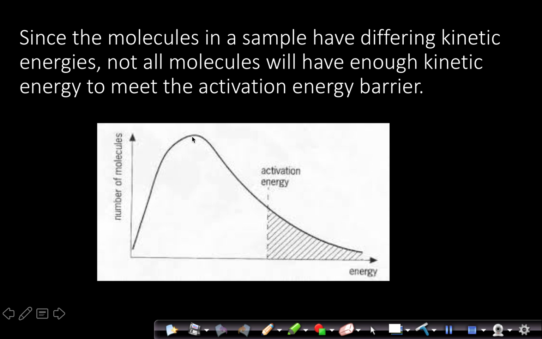So if this is the most prevalent kinetic energy, and this is the amount of kinetic energy that the molecules must have in order to collide effectively to cause a reaction, only a certain number of molecules will possess that amount of kinetic energy.